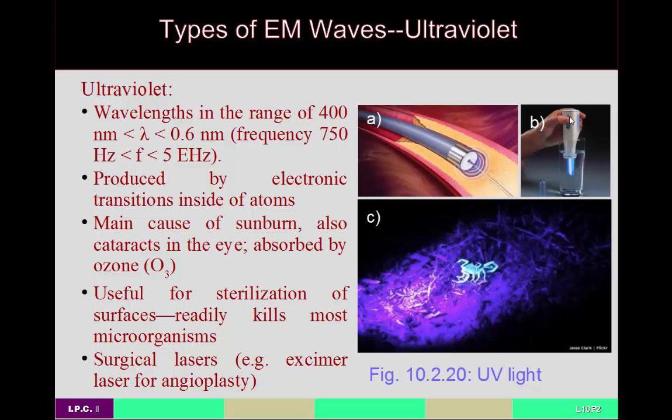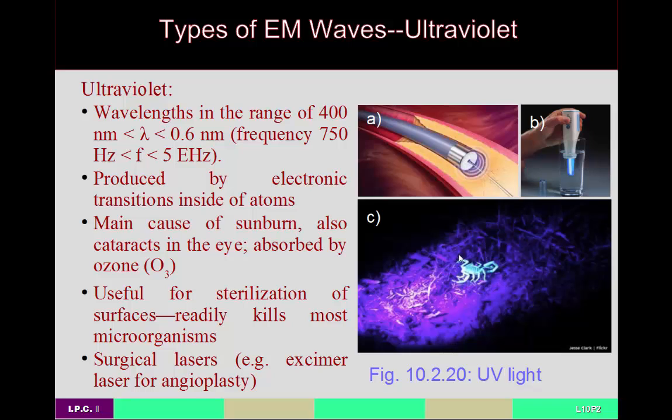Another thing it's used for, if you like to go camping, or especially if you like to go backpacking or backwoods camping, that kind of thing, it can be used to sterilize different surfaces, including sterilizing water to make it safe to drink. And also, UV light interacts with stuff like phosphor to make things glow in the dark.